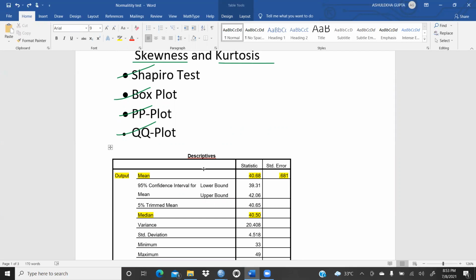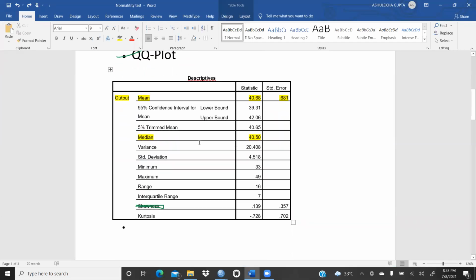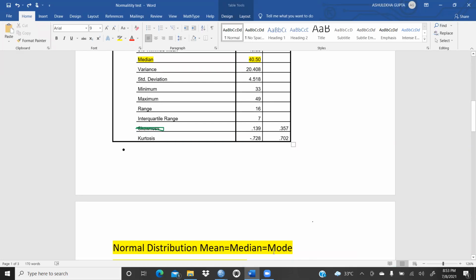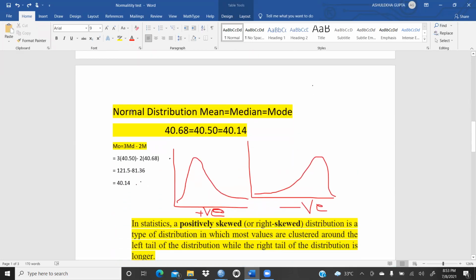If all these three values are equal, that means our data is normal. So we apply this formula for normal distribution: mean equal to median equal to mode.